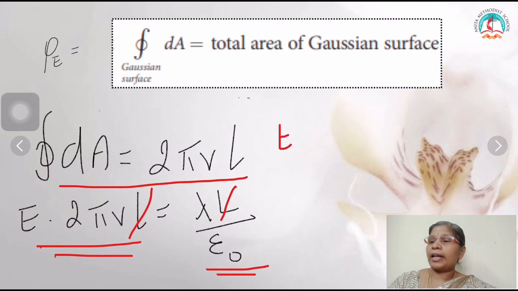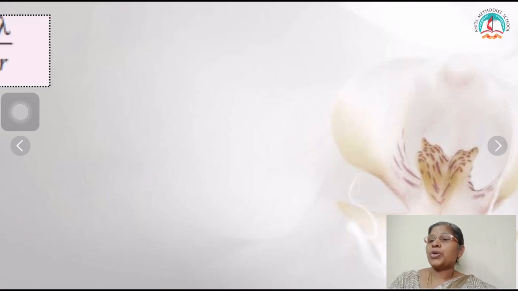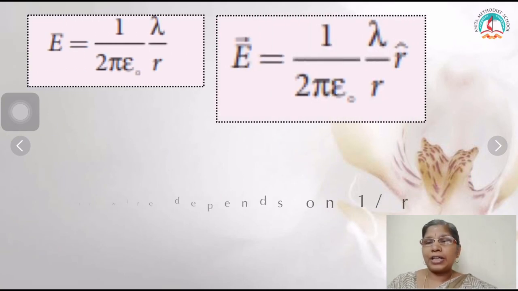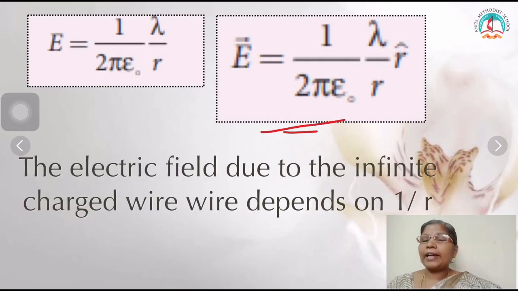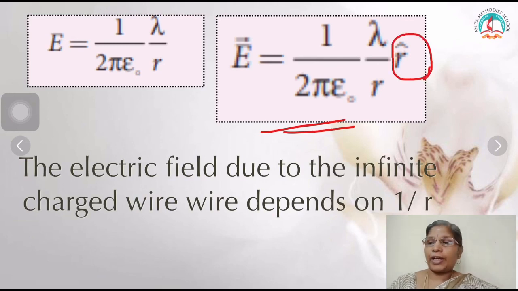So the value of E is equal to lambda divided by 2 pi epsilon 0 r. This is the value of the electric field, and this is the vector representation: E is equal to 1 by 2 pi epsilon 0 into lambda by r into r cap, where r cap is a unit vector.